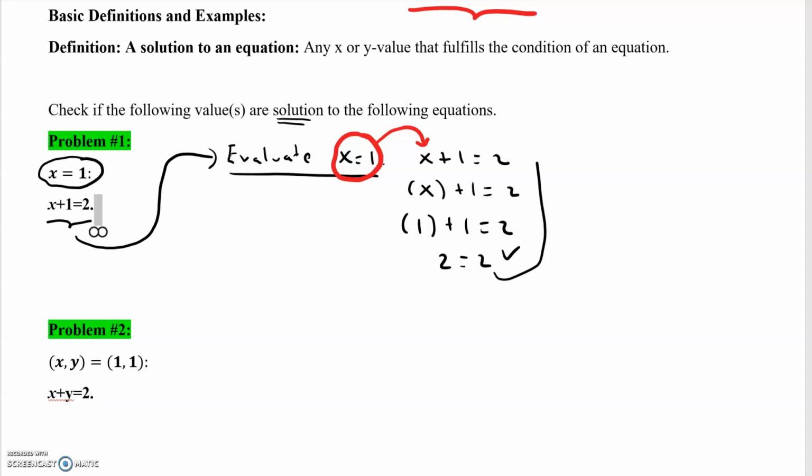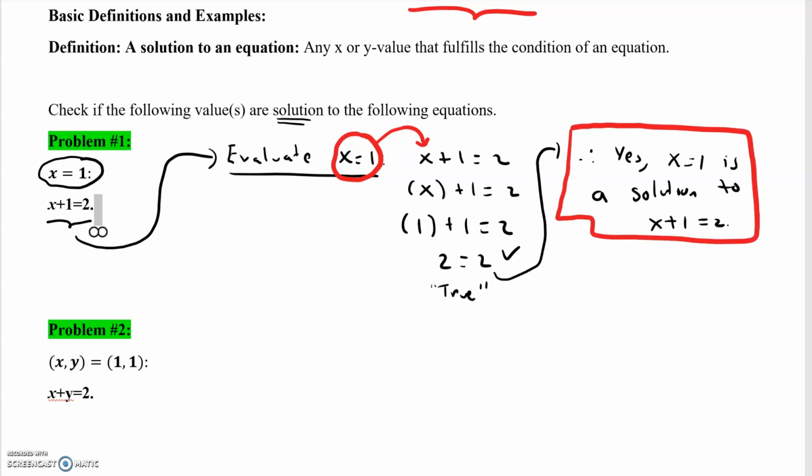Because you technically have a true statement, yes, x is equal to 1 is a solution to x plus 1 is equal to 2. So that's the main condition. These x or x and y values have to give you true statements, so they satisfy the condition that is given.